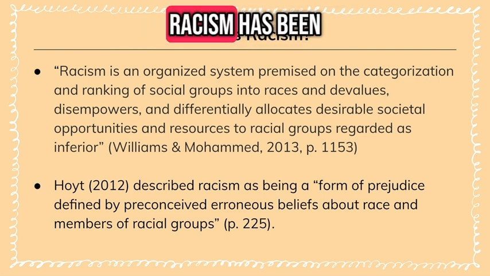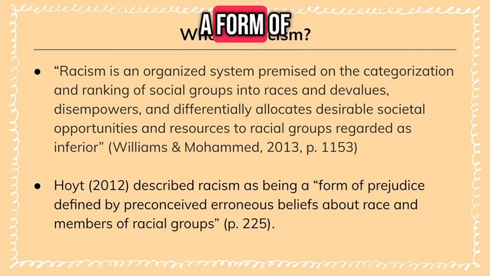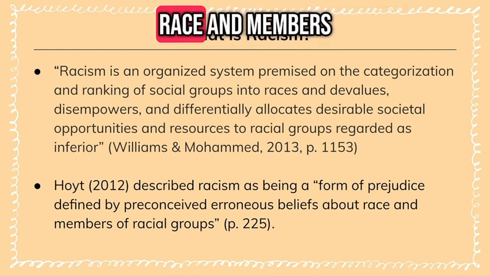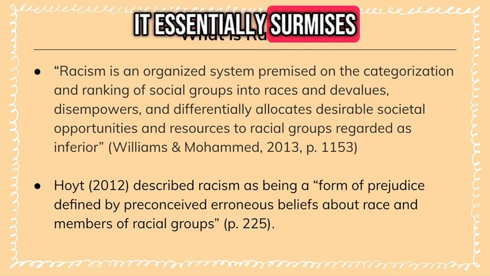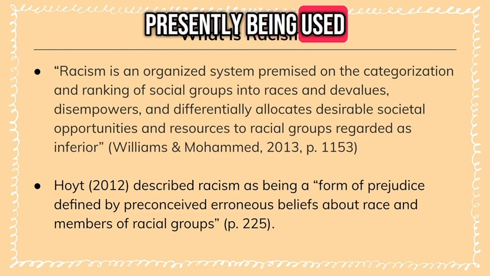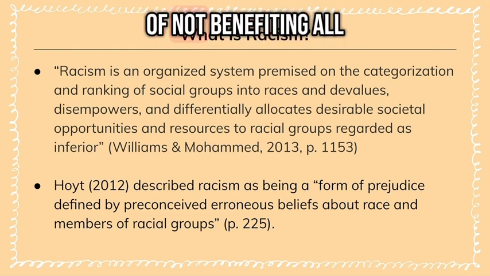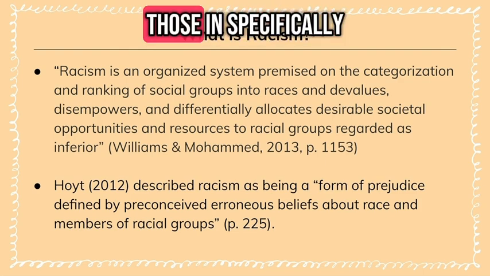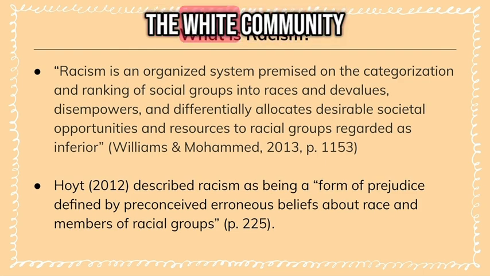Additionally, racism has been understood as a form of prejudice defined by preconceived, erroneous beliefs about race and members of racial groups. Critical race theory essentially surmises that the systems that have been put into place and that are presently being used have been built not to benefit all, but to primarily benefit those specifically in the white community.